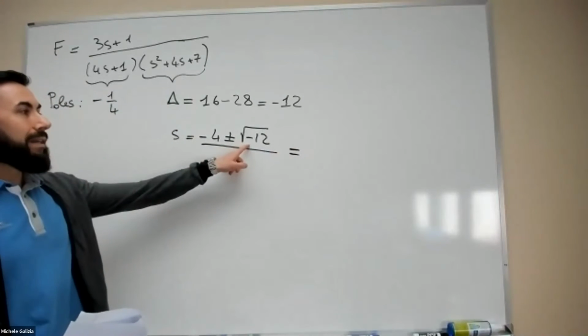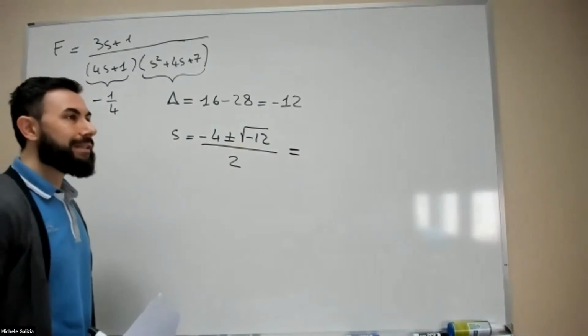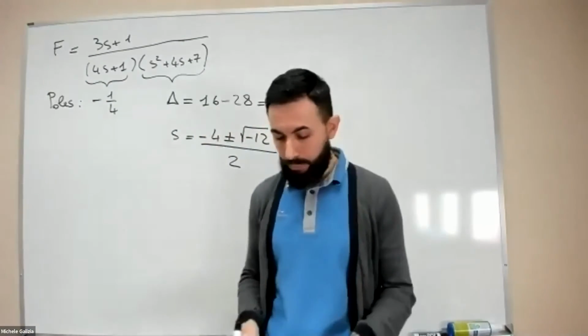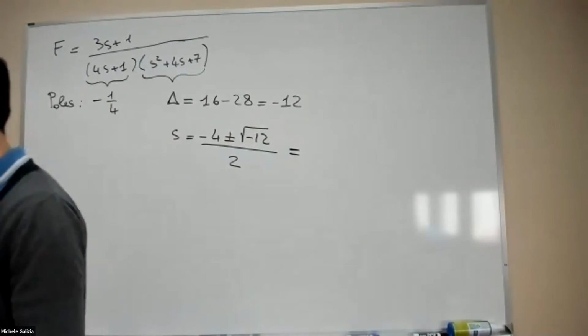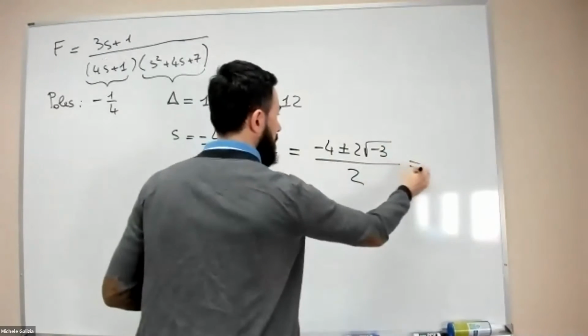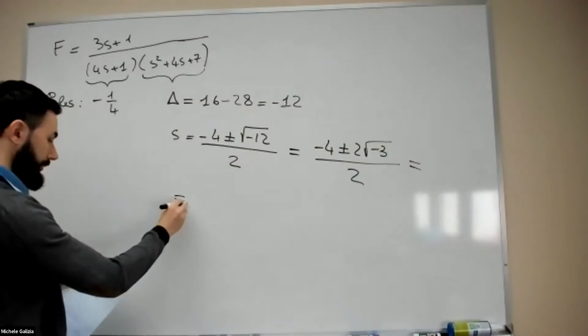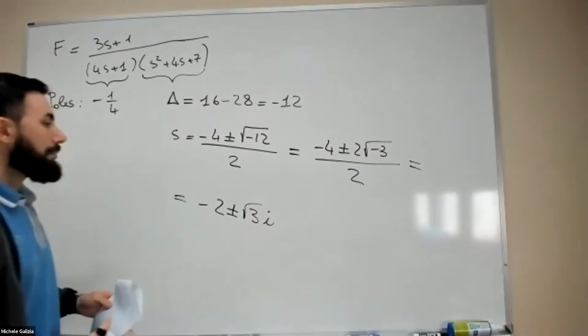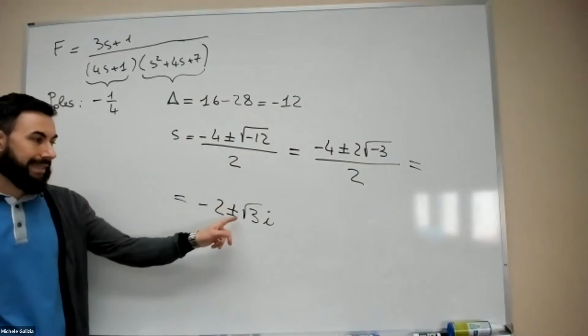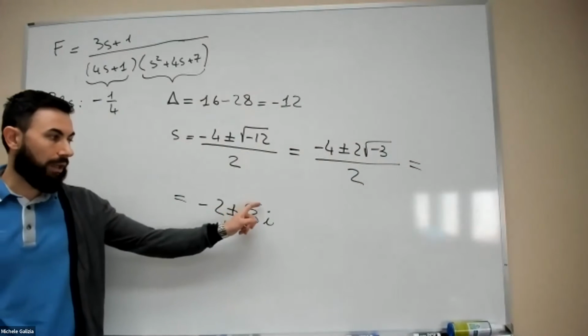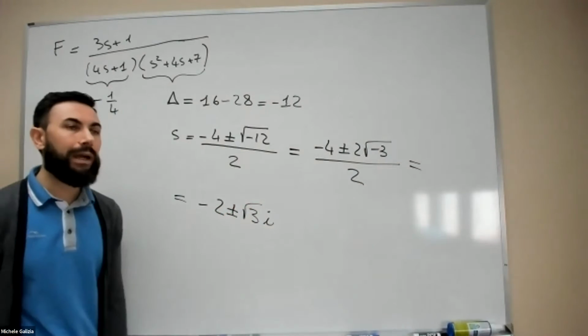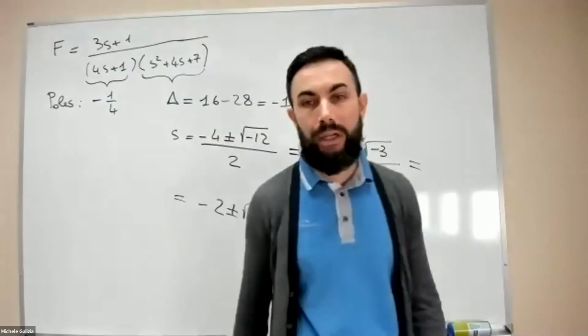Square root of -12. How to express this? Basically, let's simplify it a little bit. -2 plus minus square root of 3 I, where I is the imaginary unit.